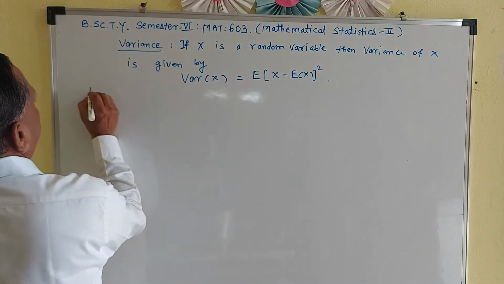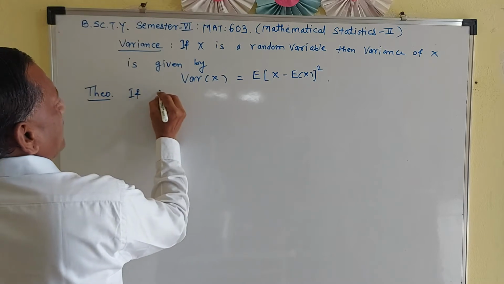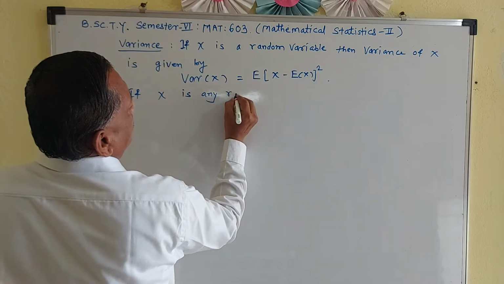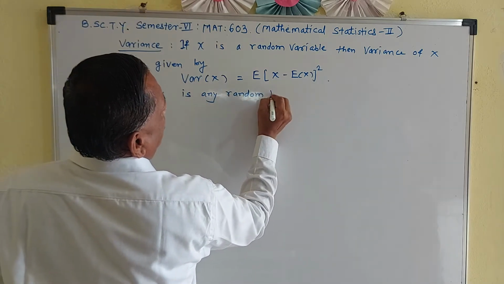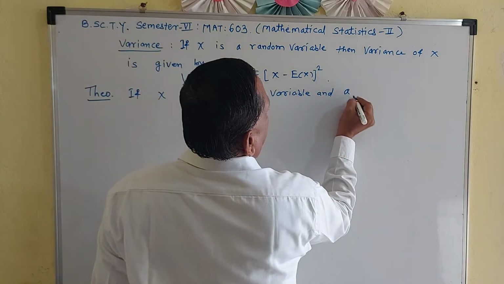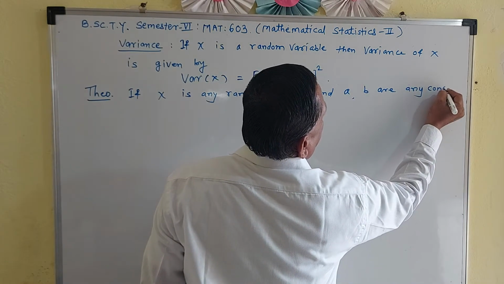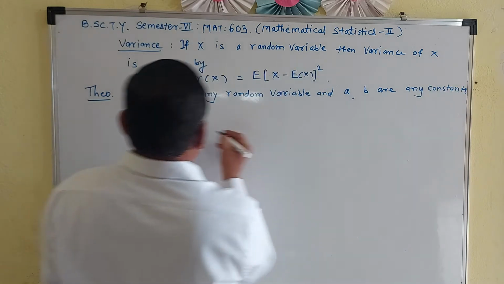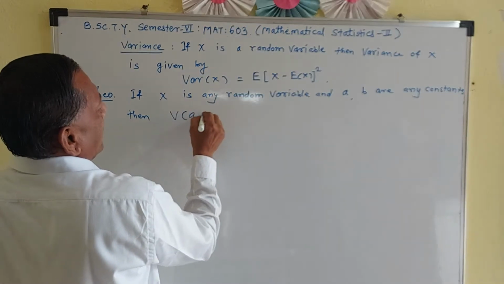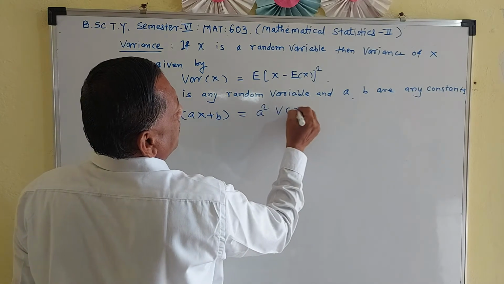Now we see one theorem. If x is any random variable and small a, b are any constants, then variance of ax plus b is equal to a square into variance of x.